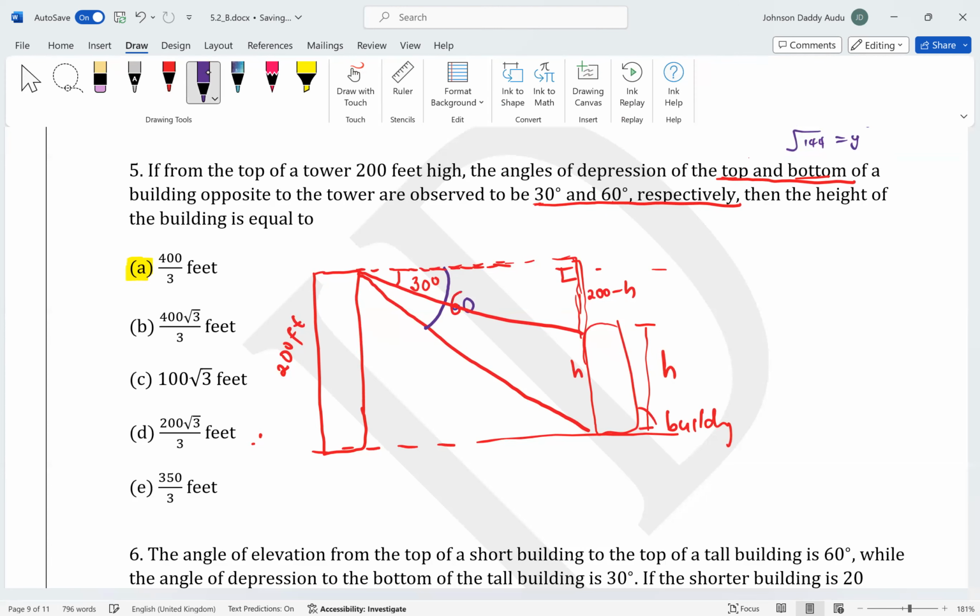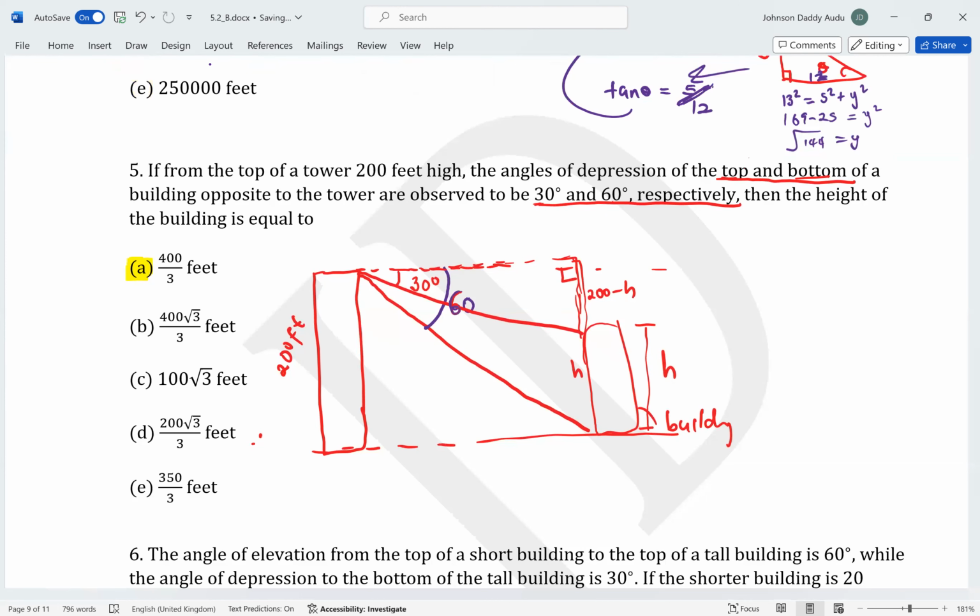We can use 60 here. Yes. So what is 60 degrees? This will be opposite, right? Opposite. But what else? Where can we use again? So we need to find something else we can use.